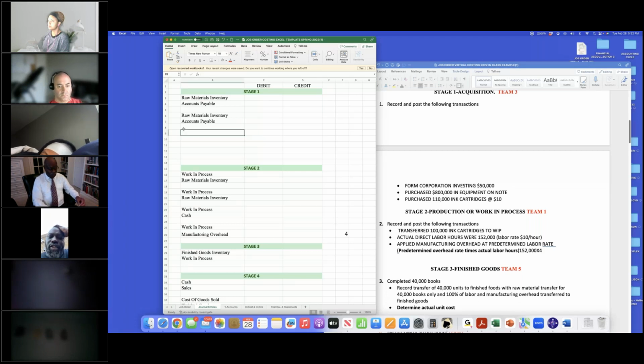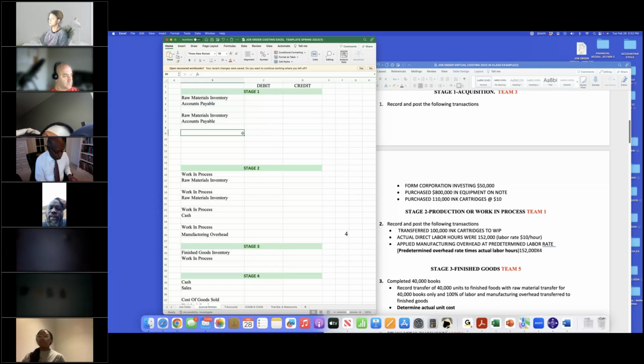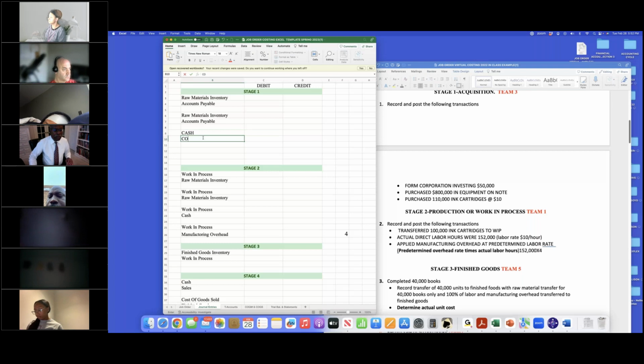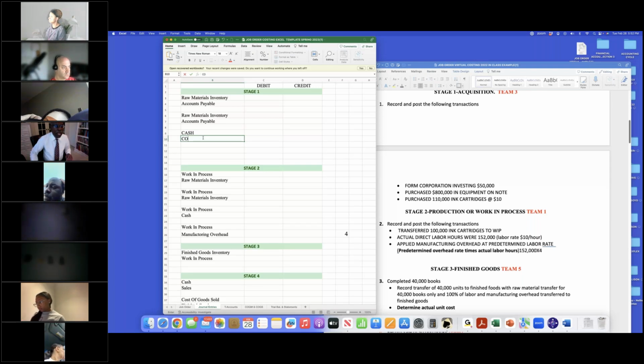The first journal entry is going to be cash for 50,000 debit, and we bought common stock because we're just starting off, opening our corporation. So you start your company with $50,000 and you got stock certificates worth 50,000 back.